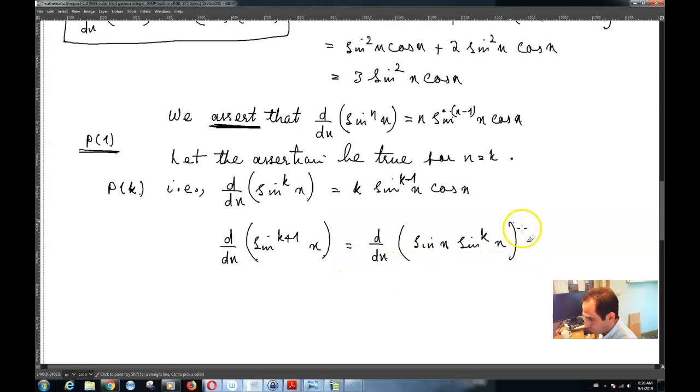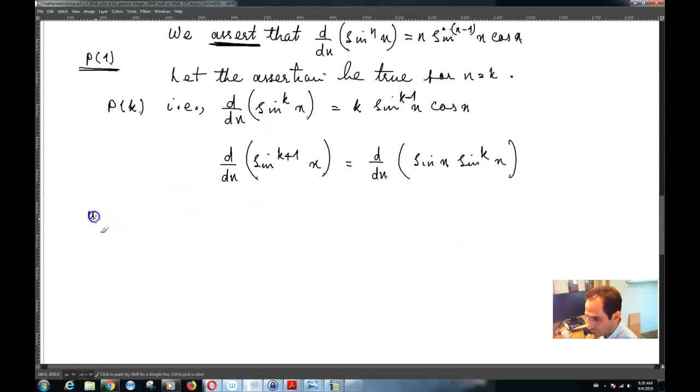Now we can calculate this derivative using the product rule, u times v whole prime, which is u prime times v plus u v prime. So the derivative of the first function is cos x times sine raised to the power k of x.